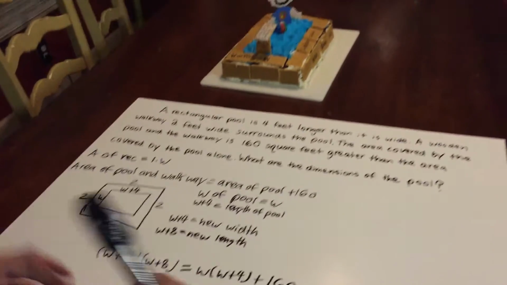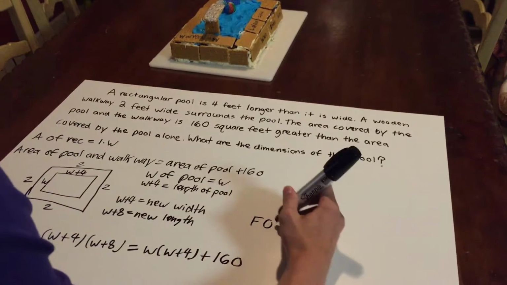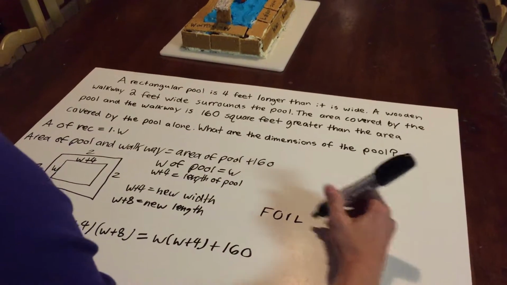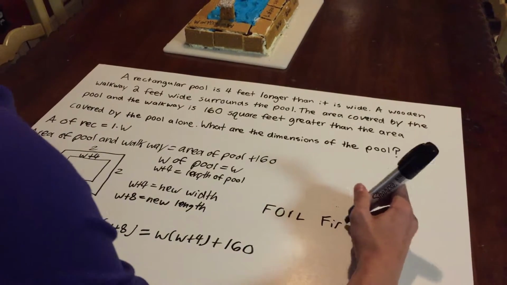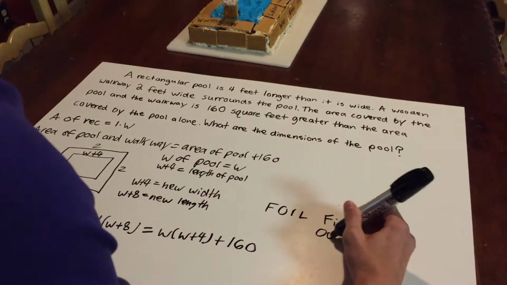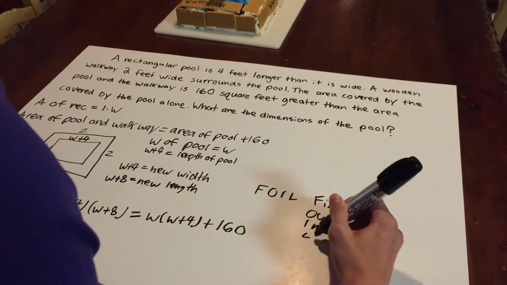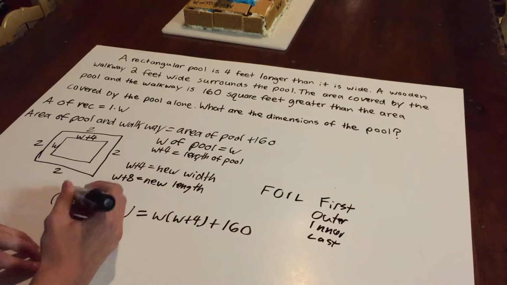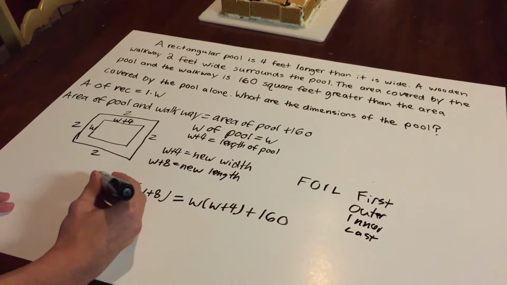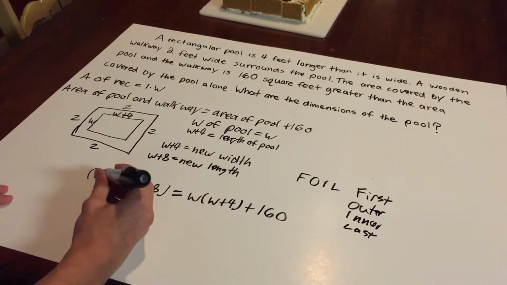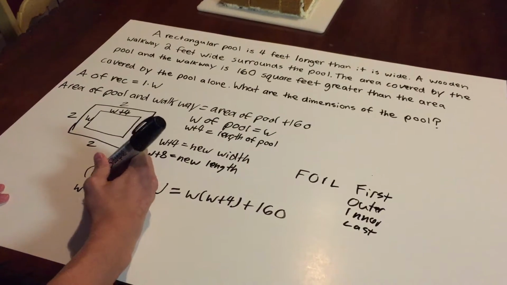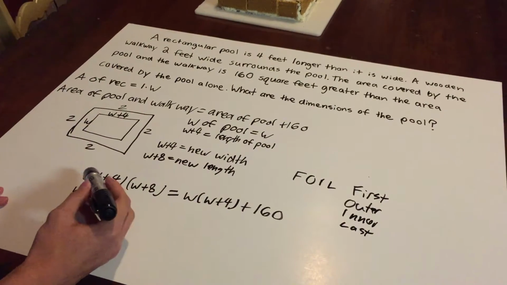Now we have to FOIL, and FOIL stands for first, outer, inner, and last. So I'm going to do the first in each set of parentheses. W times W equals W squared. And we're going to do the outer.